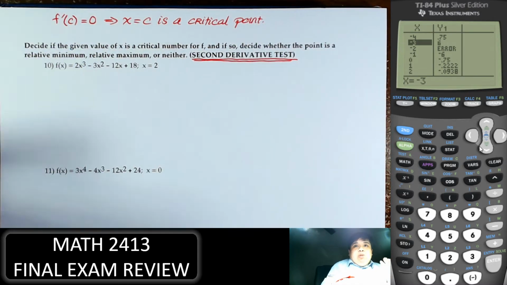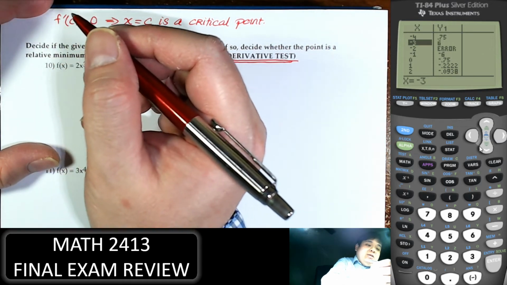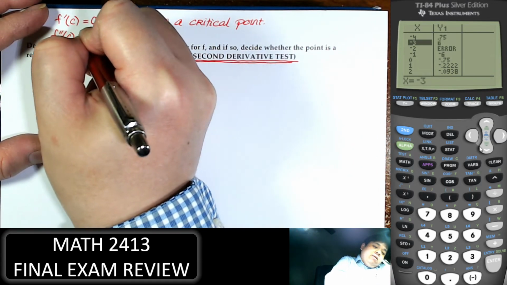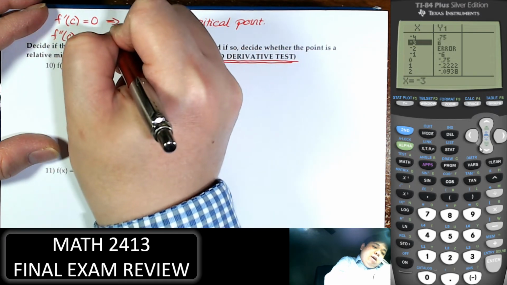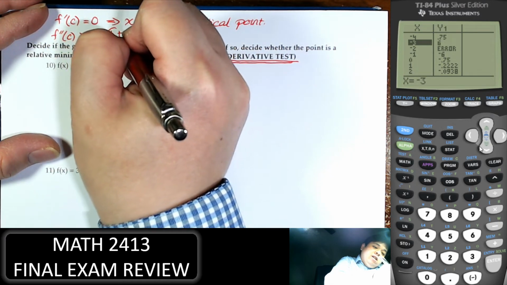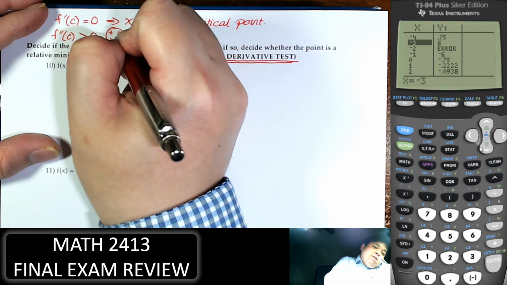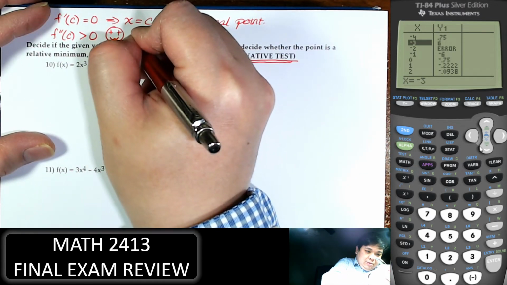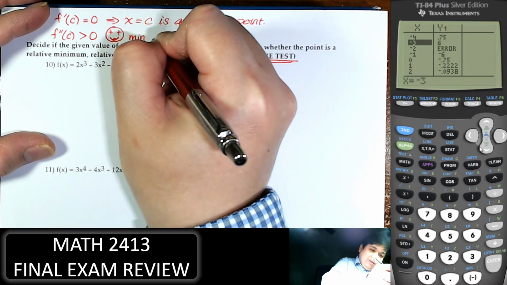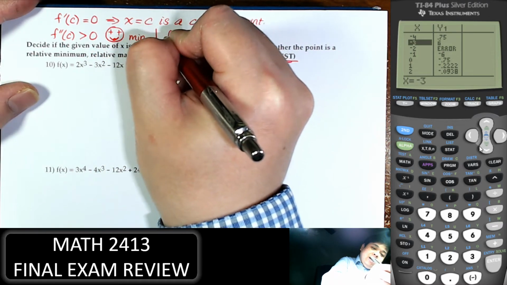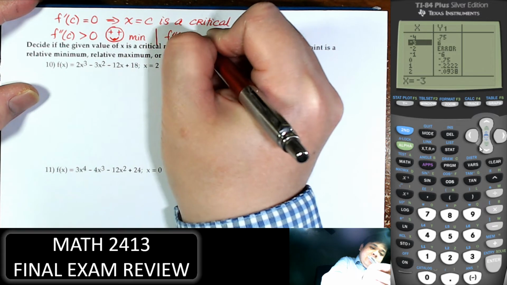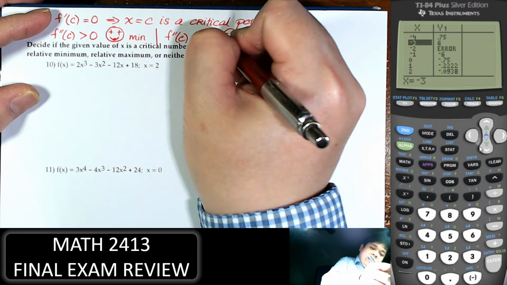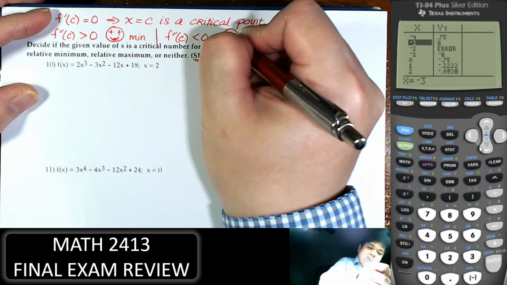It's easy, intuitively. I don't have to write everything, but if it's positive, remember the smiley face, concave up, it has to be a local min. If it's negative, the sad face, concave down, and that is the local max.